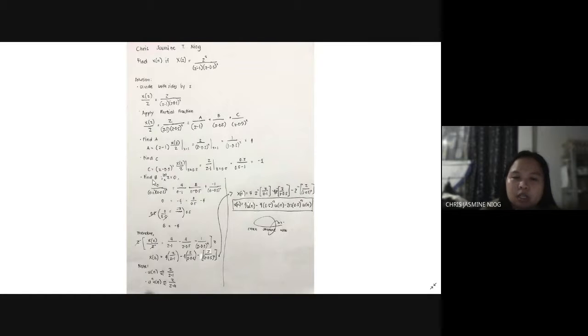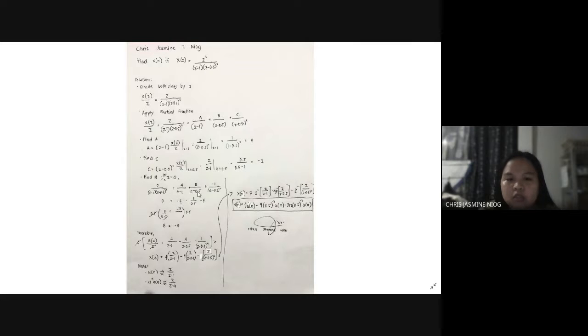Now let's find B. We can pick z is equal to 0. Then the numerator is 0. So the first term is 4 over 0 minus 1, which is 4 divided by negative 1, so negative 4.